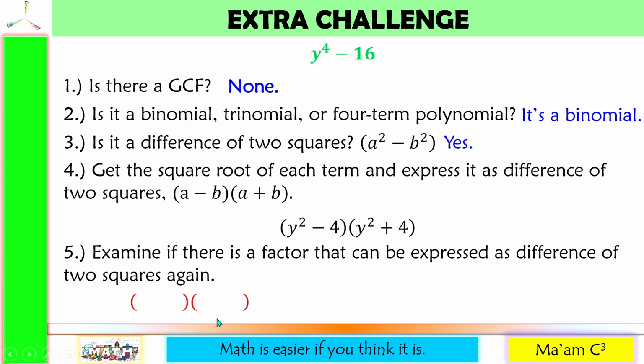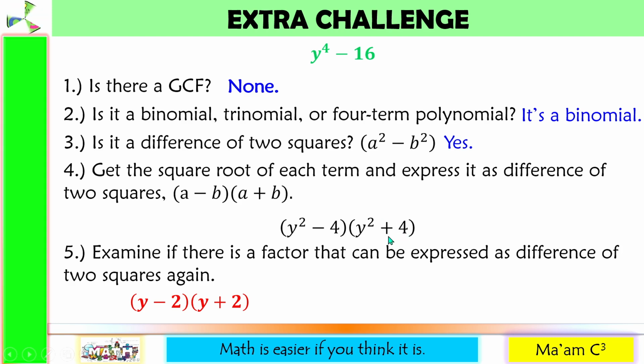So we have the two sets of parentheses. The square root of y squared is y and y. The square root of 4 is 2 and 2. And then we're going to attach minus and plus in between the terms. Now, how about this one? Can we still factor this out, because y squared is a perfect square as well as 4 is a perfect square?